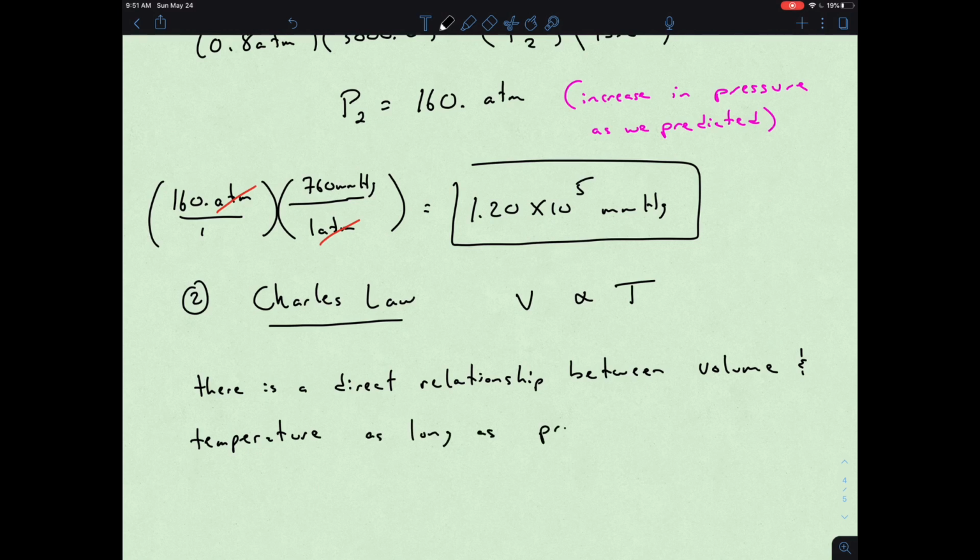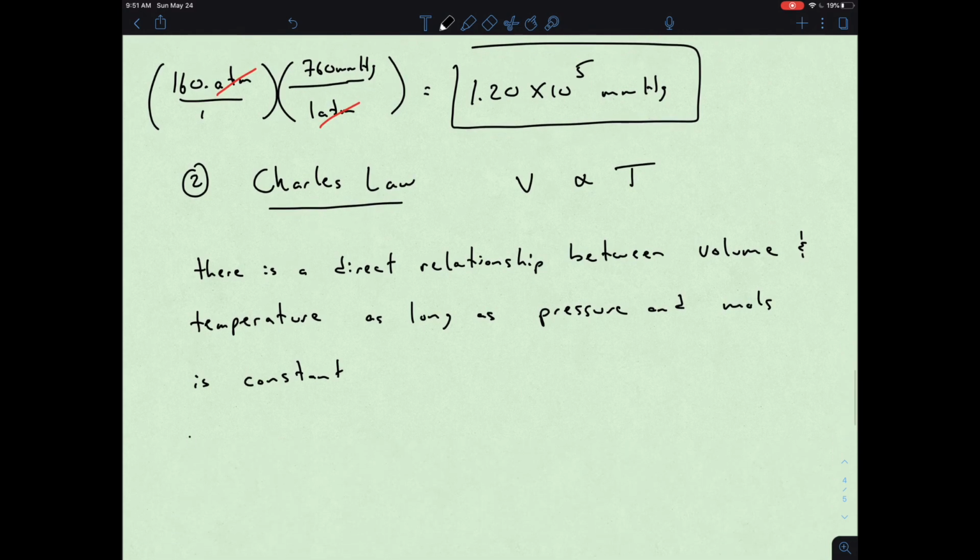So as long as pressure and moles are constant. So that's Charles' law, just throwing another simple relationship our way as far as this idea of volume and temperature.